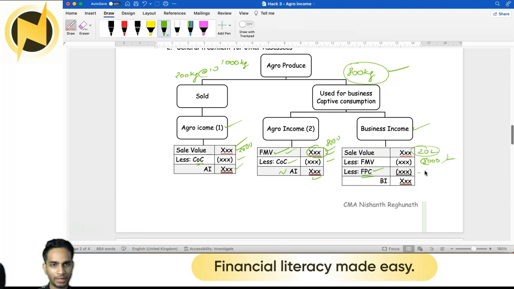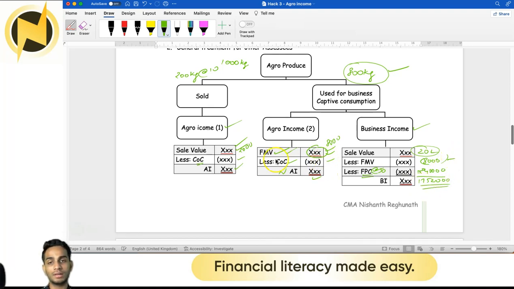Say further processing cost is 30 per kg. So for 8000 kg, that is 2,40,000. From 20 lakhs, you reduce 2,40,000 plus 8,000, that is 2,48,000. Your answer would be 17 lakh 52,000. That would be your business income.